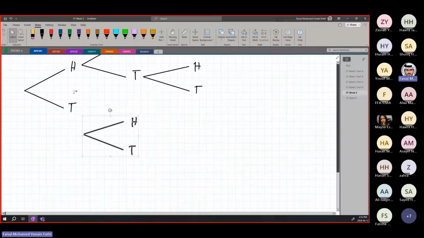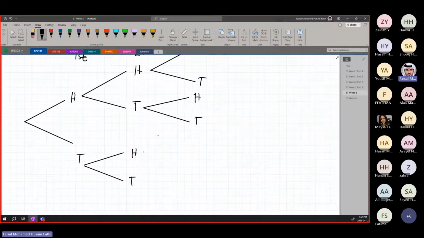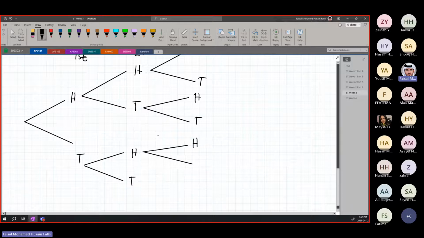Space is running out very quickly, so let's just put this down here. Okay, so this is tails, heads, and then we're going to have again heads or tails, and then heads or tails.